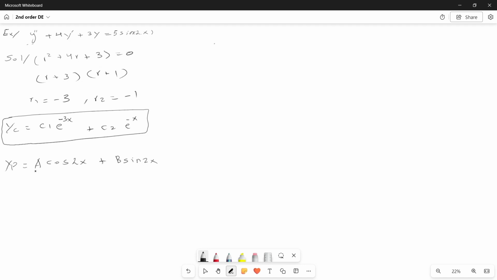Now we have to find the values of a and b, and to do so we'll have to differentiate yp twice. So y dash would equal negative 2a sine 2x plus 2b cosine 2x.